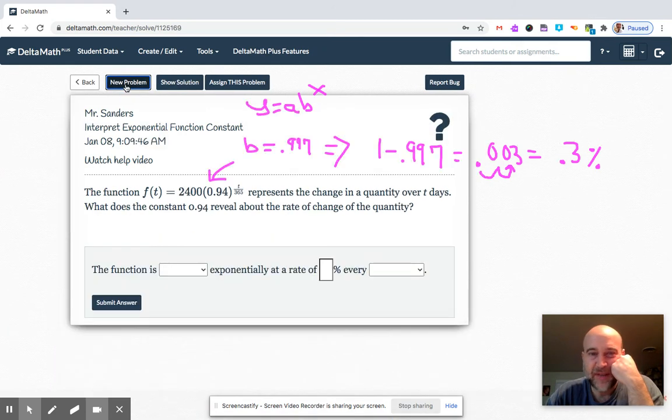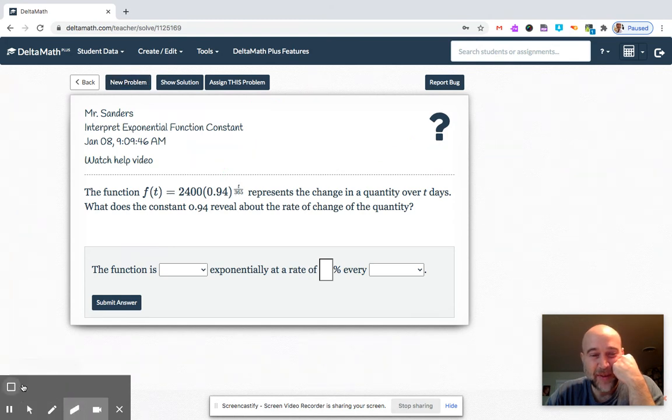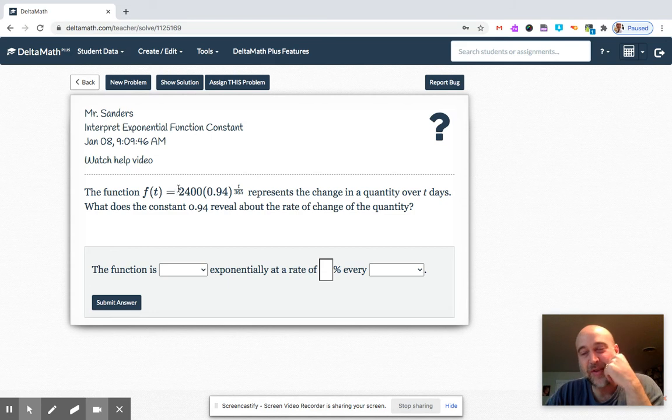Let's see if the next one's any different. T days, and notice t is being divided by 365. Let me get all my other stuff out of the way. In this context, we got decay. Looking at it, we got our initial value, 2,400.